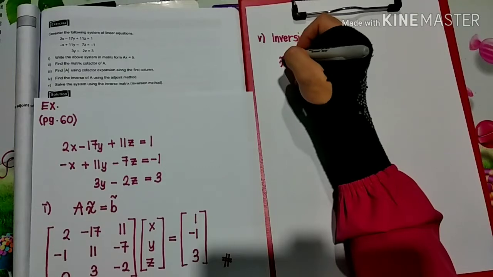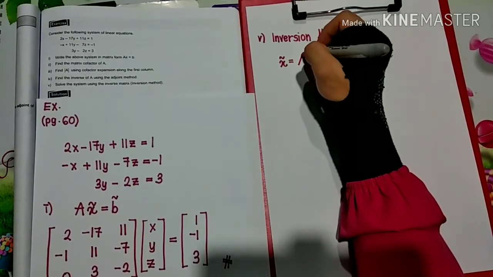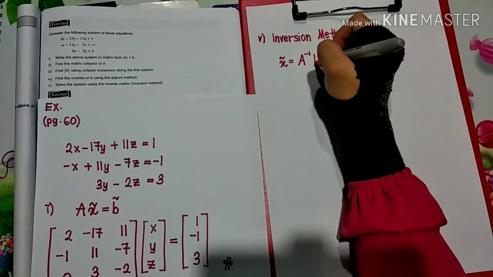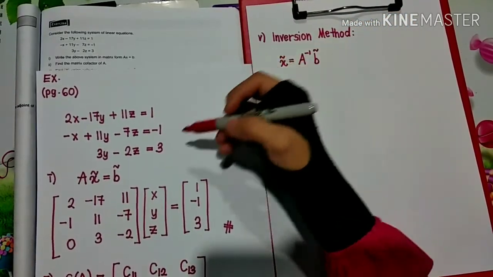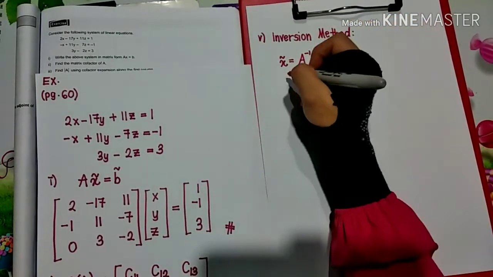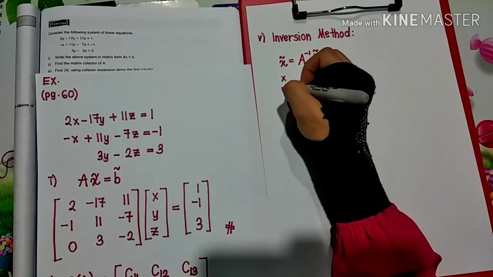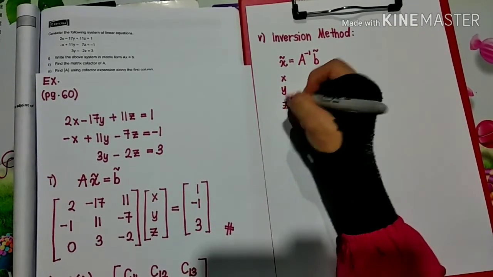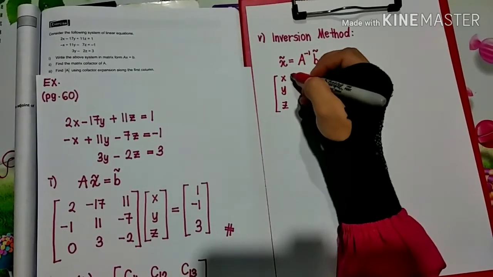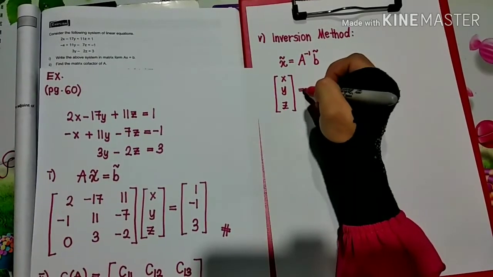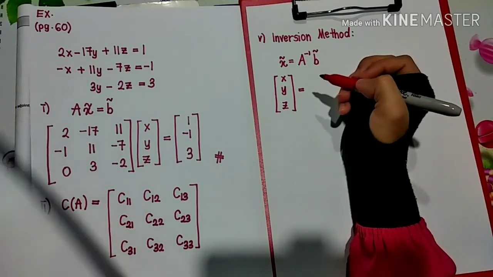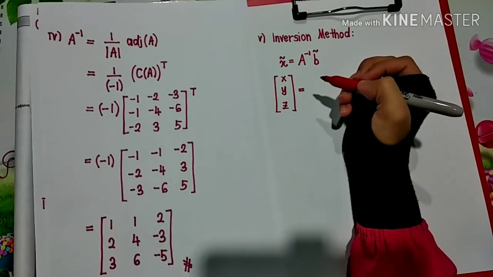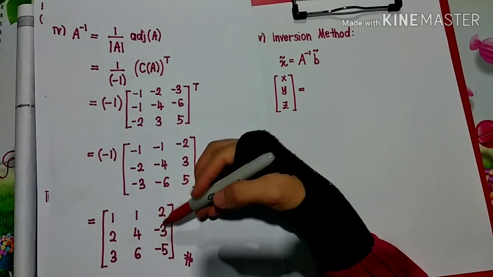So the formula will be x bar equal to A inverse multiplied with B. So what is our x here? X, Y, Z. And then what is our A inverse? You can get it from question number 4 just now. You solve to find the A inverse. So this one will be your A inverse.